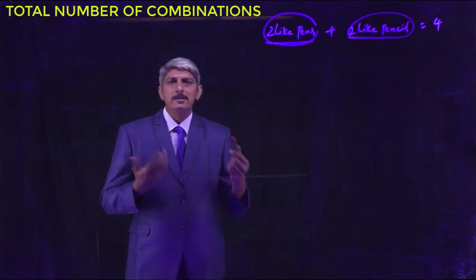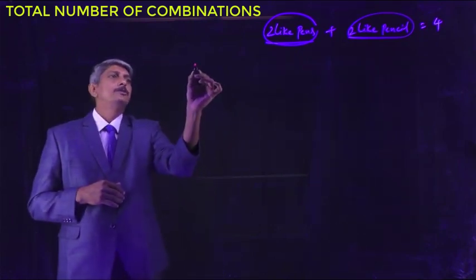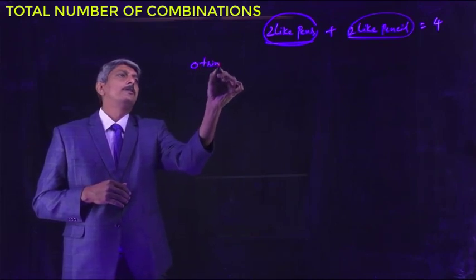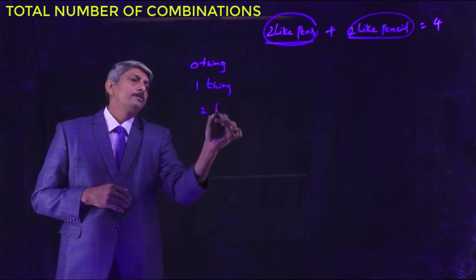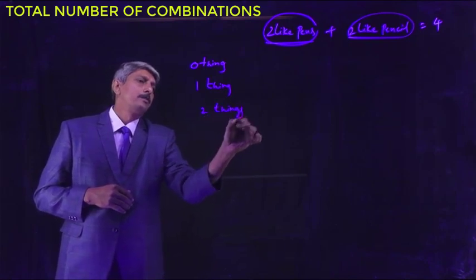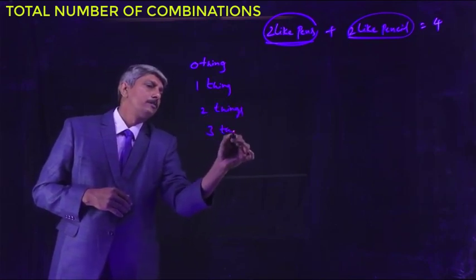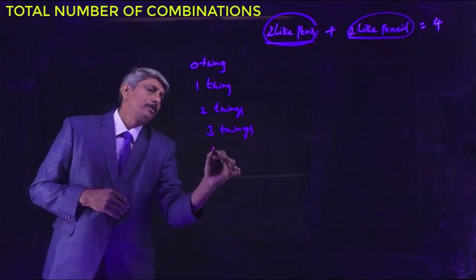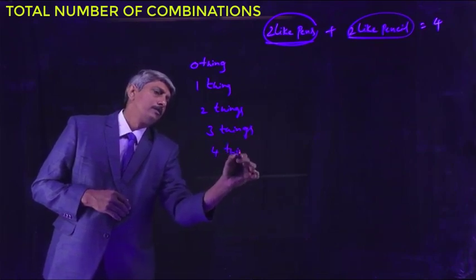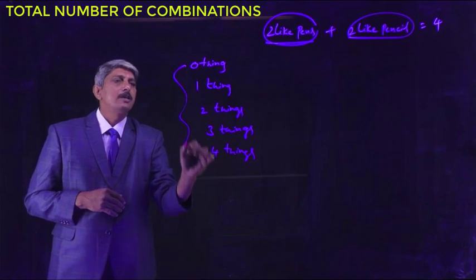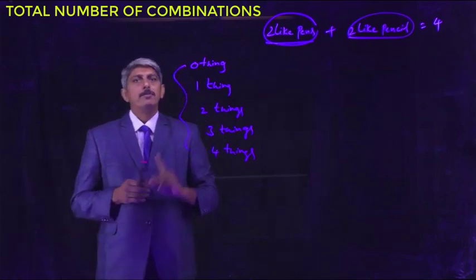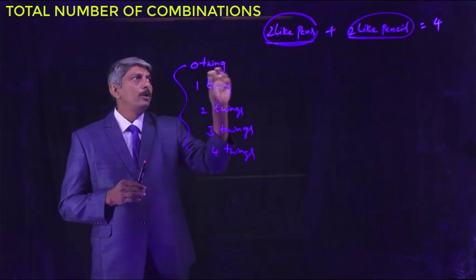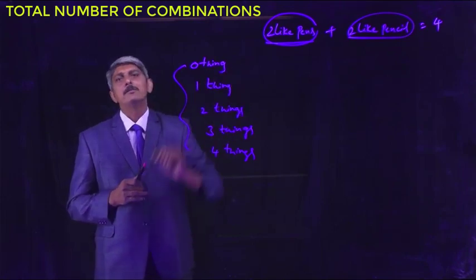What are the cases that arise? 0 things, 1 thing, 2 things, 3 things, 4 things. These are the cases that arise while drawing from the box containing 2 like pens and 2 like pencils.